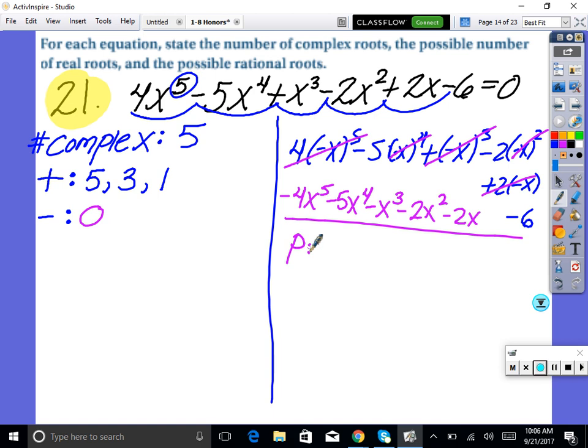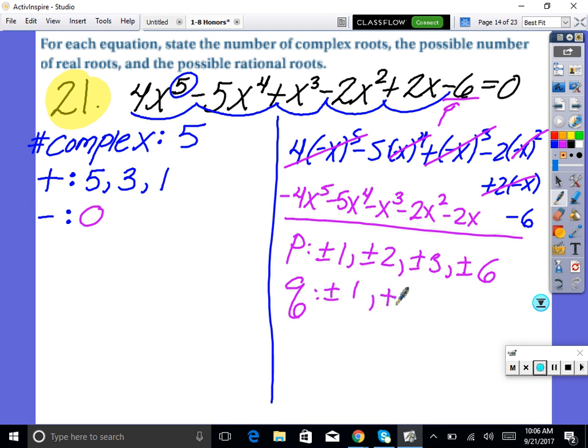And now possible p over q's. Here we go, listing out factors of p. Factors of q, and then I'm going to put my answer on the other side. All possible rational roots: 1, 1/2, 1/4. 2, 2 over 2 is 1, 2/4 is a half.